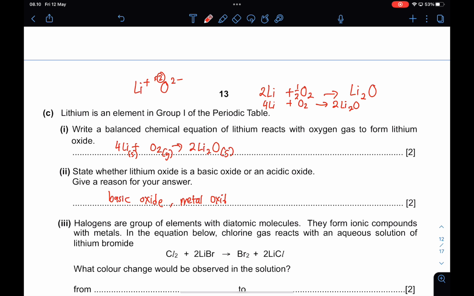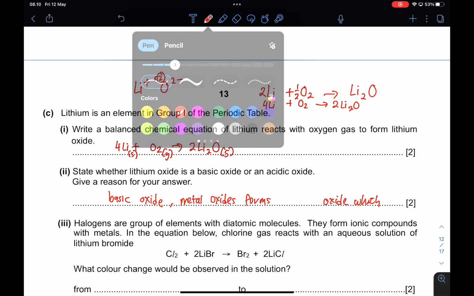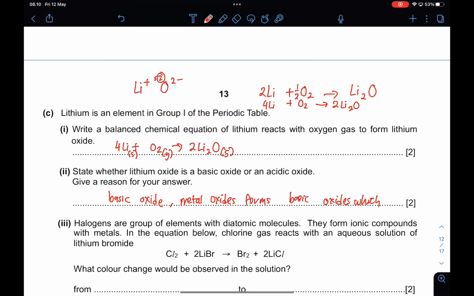Give a reason for this. There might be many reasons, but you can say metal oxides form basic oxides, which give a solution of pH higher than 7 when dissolved in water.